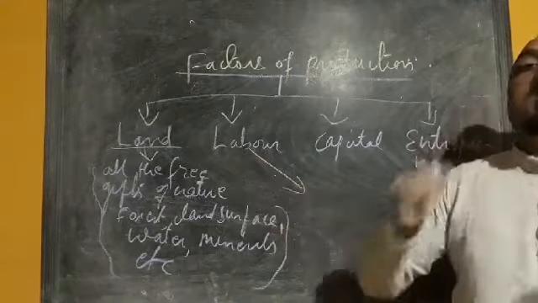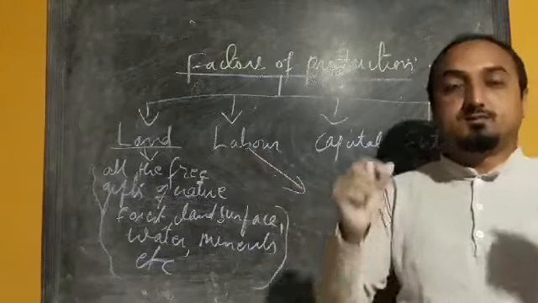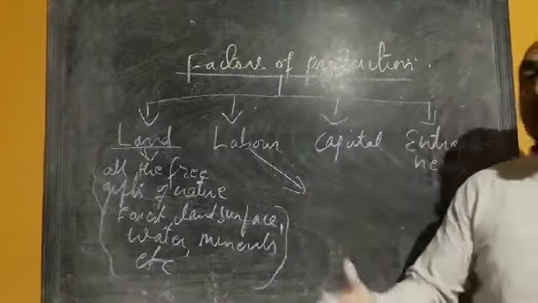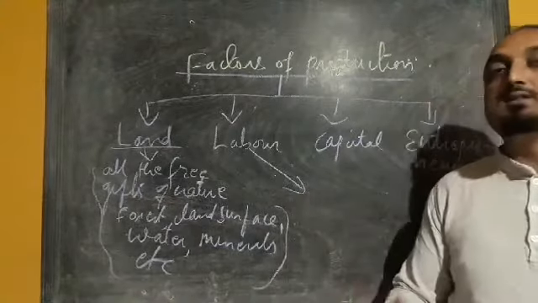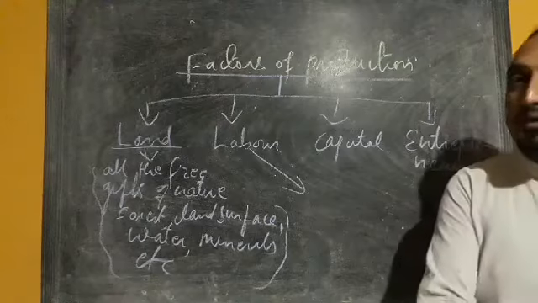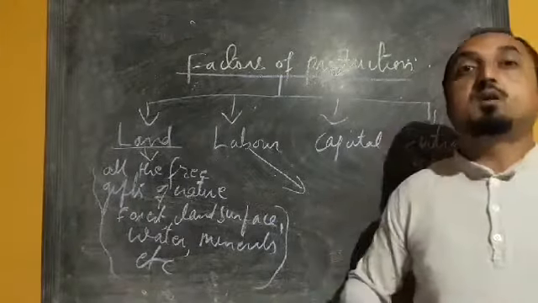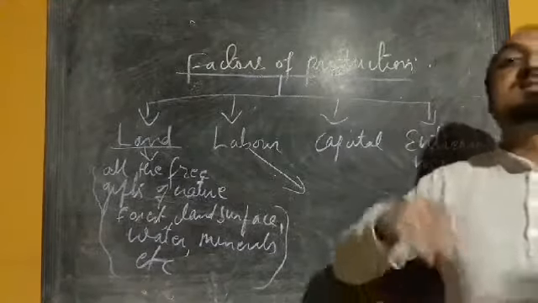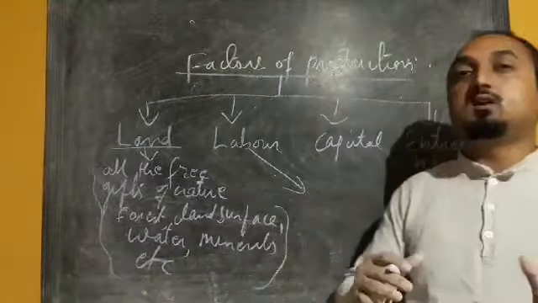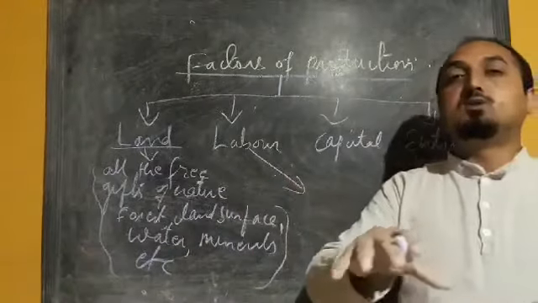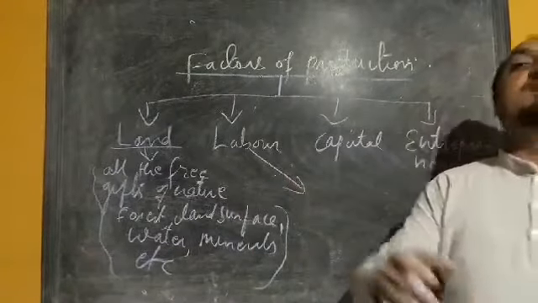The labor who is using his physical power to complete his work or contributing in the production process can be considered as physical labor. And the labor who is using his brain, talent, ideas, skill in the process of production is called mental labor. This labor is also categorized into different parts: skilled and unskilled.